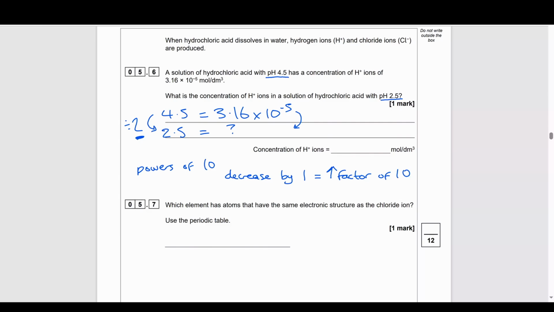So that means, because we've decreased by 2 this time, it's actually going to increase by a factor of 100. So what we would need to do then is change this value, 3.16 times 10 to the power minus 5. Need to increase that by a factor of 100 now. So that would be 3.16 times 10 to the power minus 3. And that would be a concentration of hydrogen ions value.